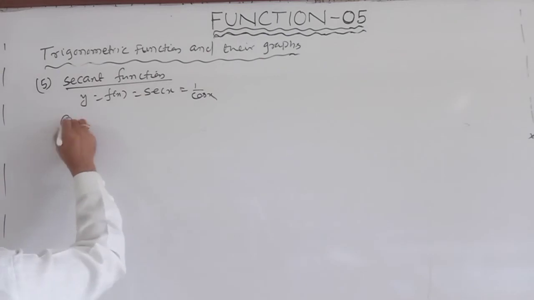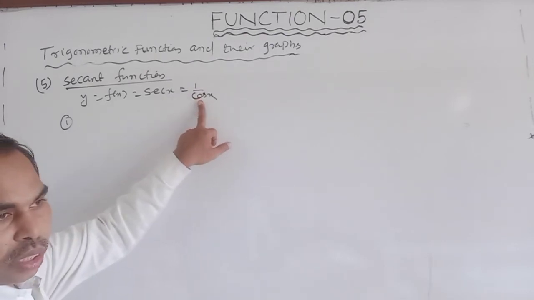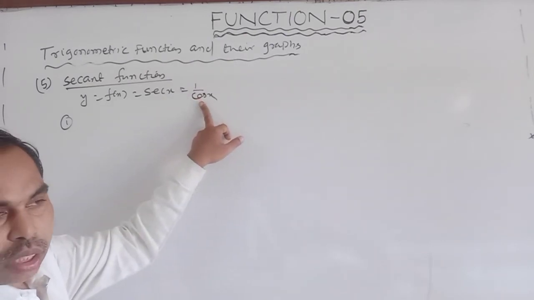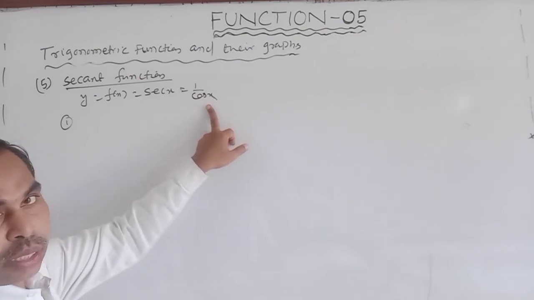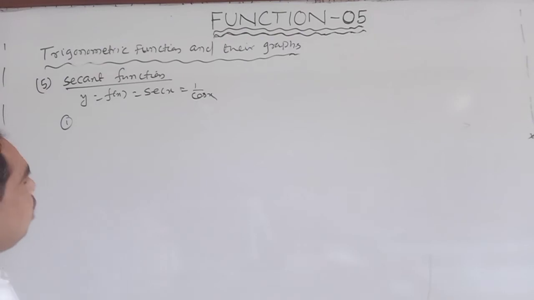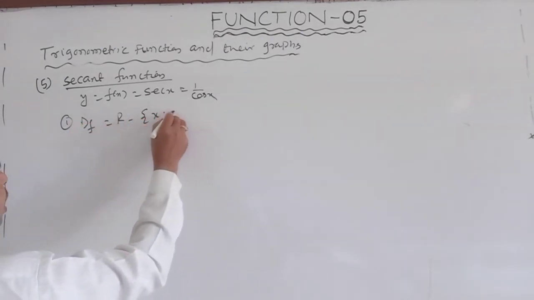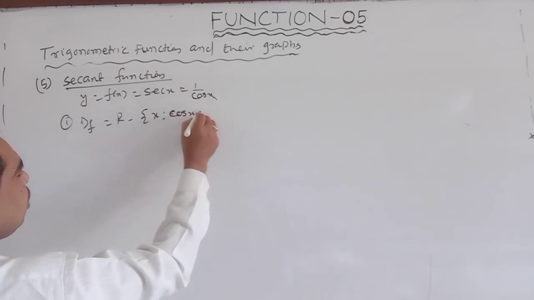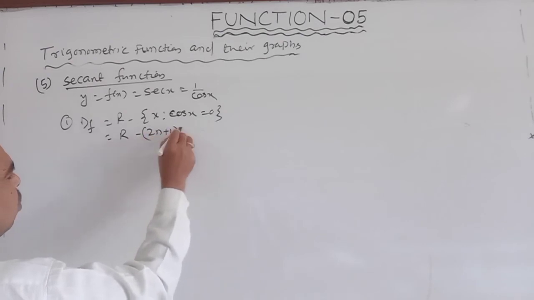Like tan x, the domain of sec x and tan x are the same because both denominators contain cos x. When x is an odd multiple of pi by 2, cos x is 0. When cos x is equal to 0, sec x is not defined, okay. Therefore the domain of f is R minus the x such that cos x is equal to 0, so R minus (2n plus 1) pi by 2. So at every odd multiple of pi by 2, sec is not defined.